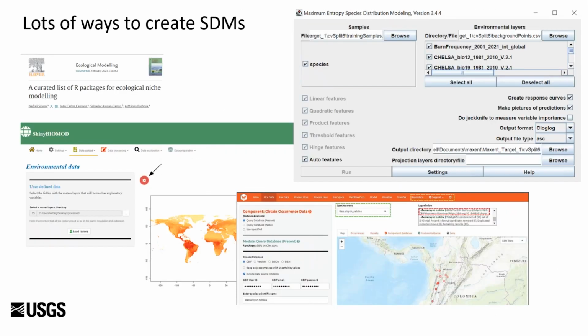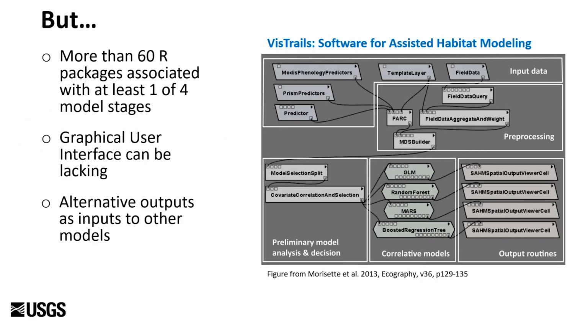So there's lots of different ways out there to create species distribution models. I have a couple screenshots of some online versions, like our Shiny app. There's the Maxent standalone software as well. But there's more than 60 packages associated with at least one of 4 model stages. So there's a lot out there for someone to try to sort through.